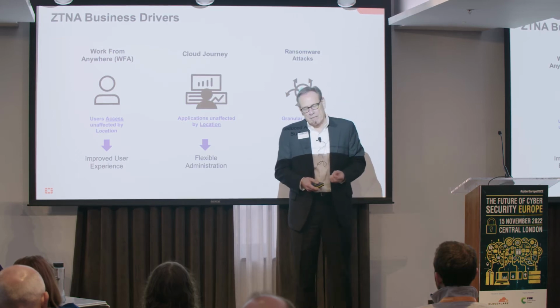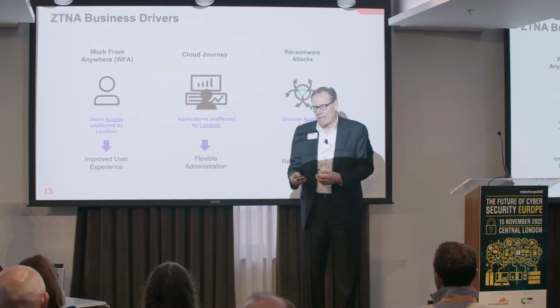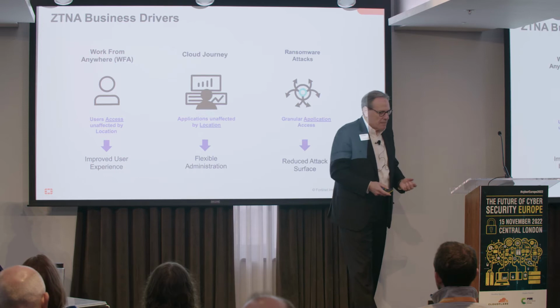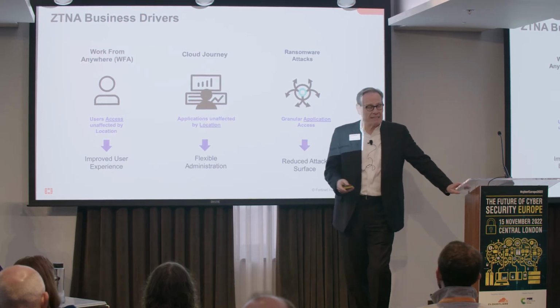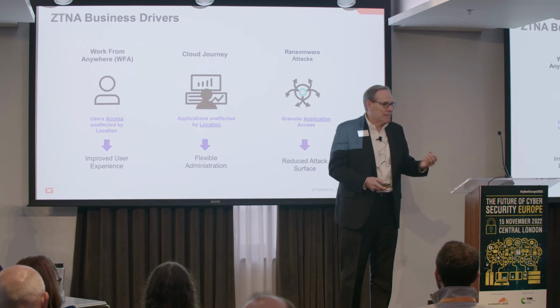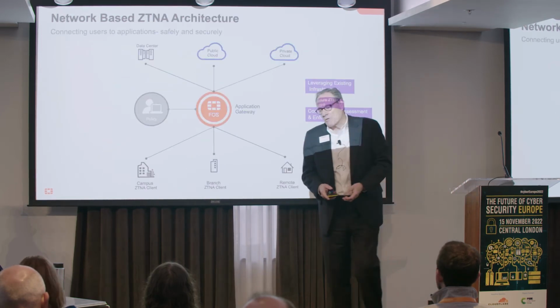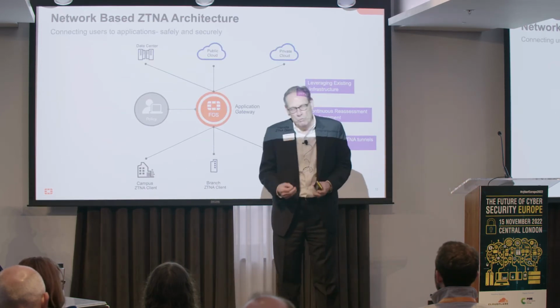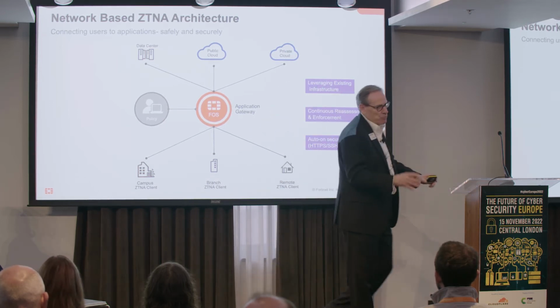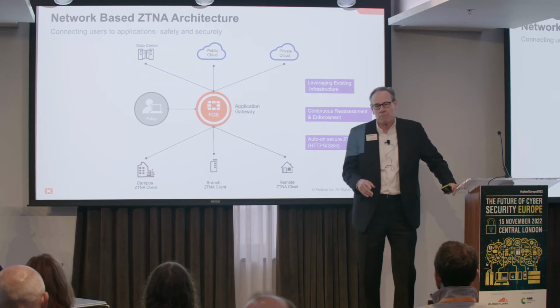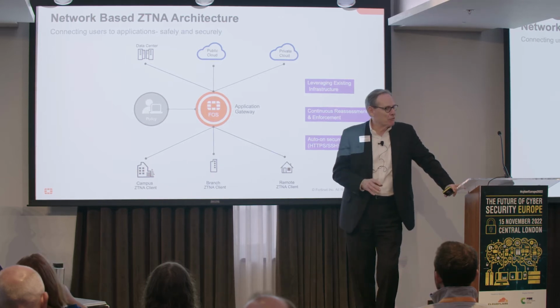Because, and the reason I bring this up, because Zero Trust Network Access, or ZTNA, really has become associated with SASE. If you want ZTNA, you have to have SASE. Well, yes, that is a way you can get it, but it's not the only way that you can deploy it. So if I look at it here, a network-based implementation, it's really made up of 3 separate technologies working in tandem.